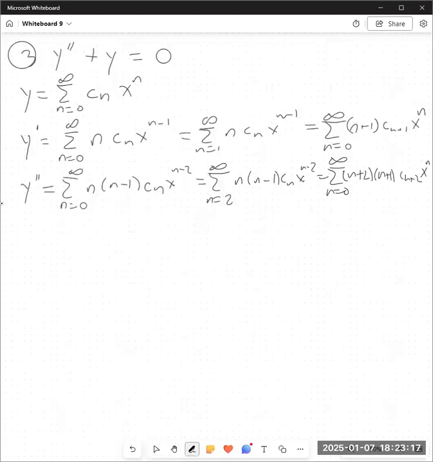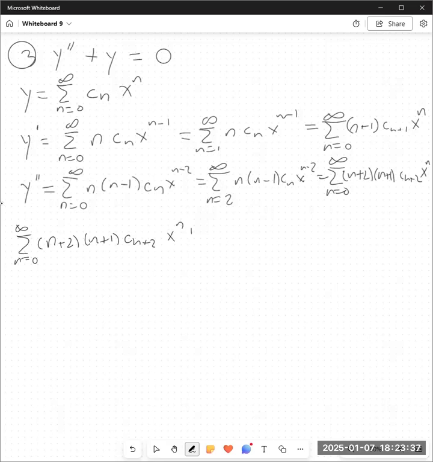All right, so let's go ahead and write that the last way that we had it. The sum from n equals 0 to infinity of n plus 2, n plus 1, c sub n plus 2, x to the n, plus the sum from n equals 0 to infinity of c sub n x to the n equals 0.